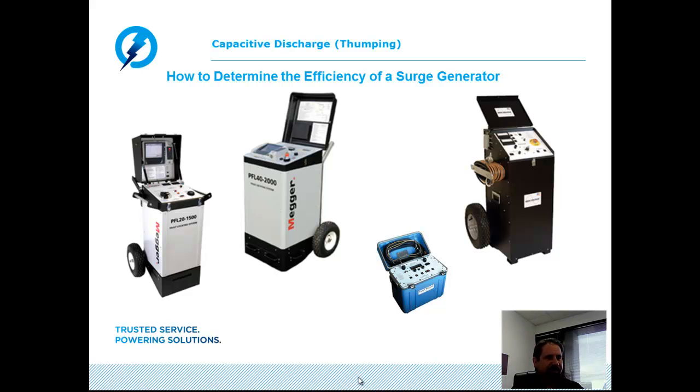Energy can be found if we know what the internal capacitor of the surge generator is and the applied voltage. Basically, energy will equal the capacitance of the thumper divided in half, multiplied by the applied voltage squared. That will in essence give us energy measured in watt seconds or joules of energy.